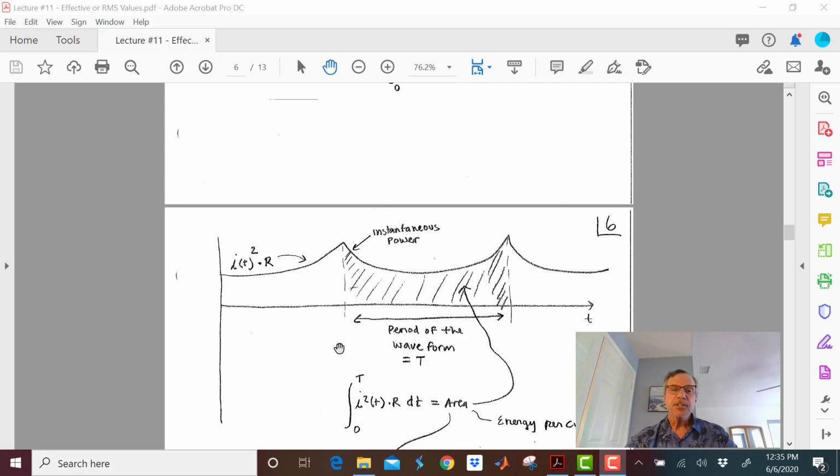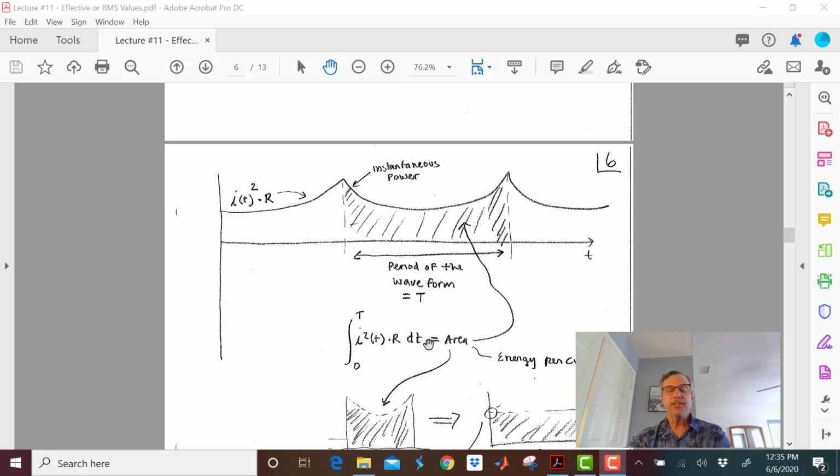So this area is the integral, and this is the energy per cycle. Because what am I really doing? In the integral, I'm multiplying power by time. That gives me energy. So this area is the energy per cycle.